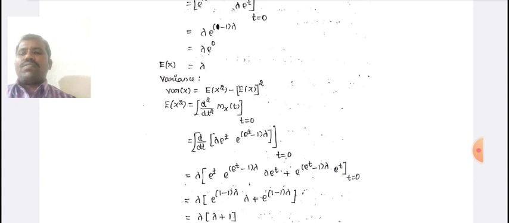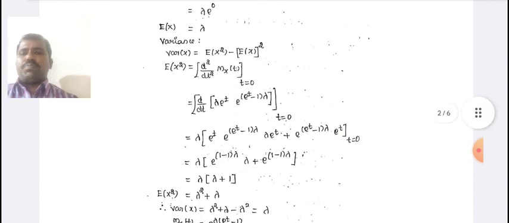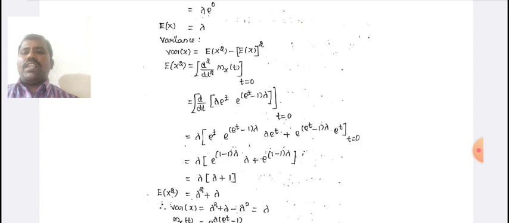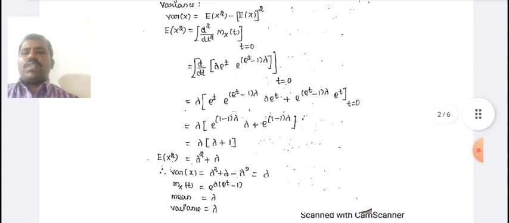That is d by dt of lambda e power t into e power lambda (e power t minus 1) at t equal to 0, which is lambda into e power t into e power lambda (e power t minus 1) into lambda e power t plus e power lambda (e power t minus 1) into e power t at t equal to 0. Lambda into e power lambda (1 minus 1) into lambda plus e power (1 minus 1) is 0. Therefore, lambda into (lambda plus 1). Therefore, E of x square equal to lambda square plus lambda.